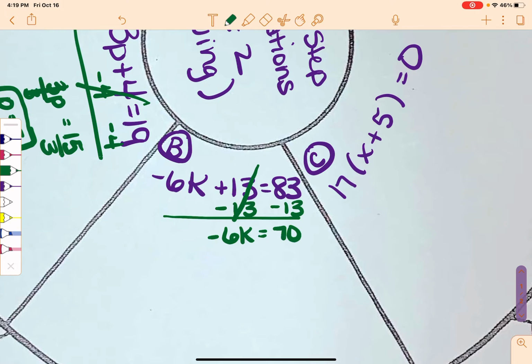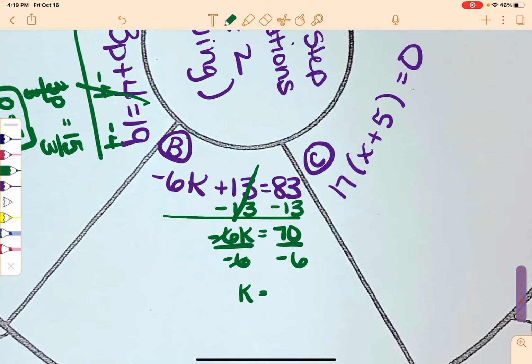Now, if I'm going to try to get k by itself, now I need to get rid of this negative 6. So that's negative 6 times k. So the opposite of multiplying by negative 6 is dividing by negative 6. So those cancel, I'm left with k.